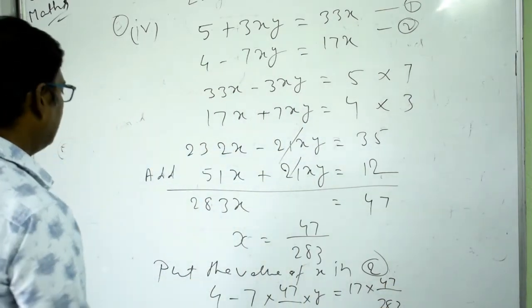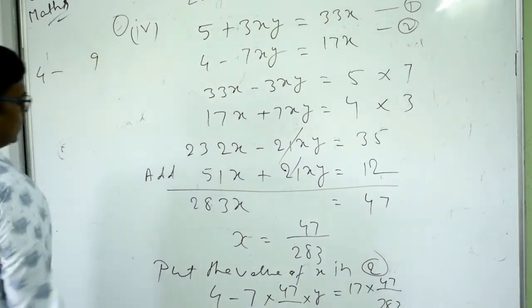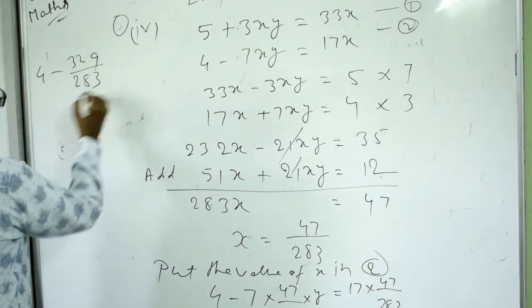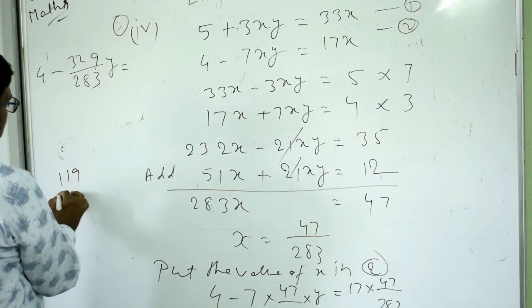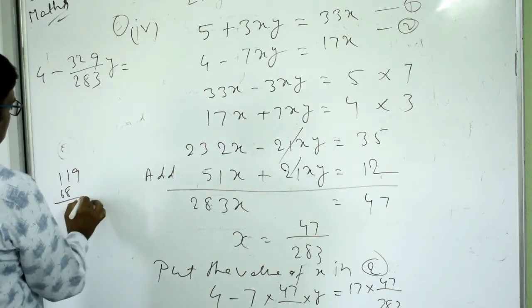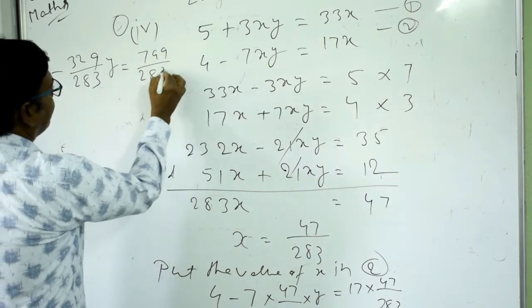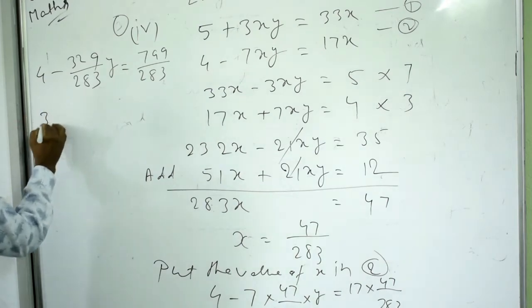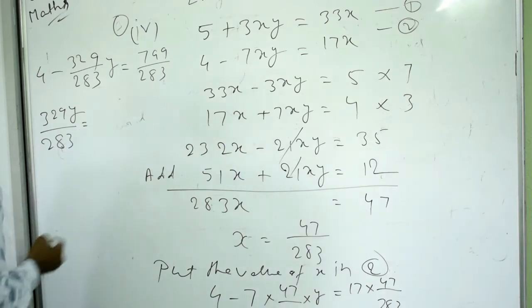Now when you solve this, you will get here 4 minus equal to this, then equal to.